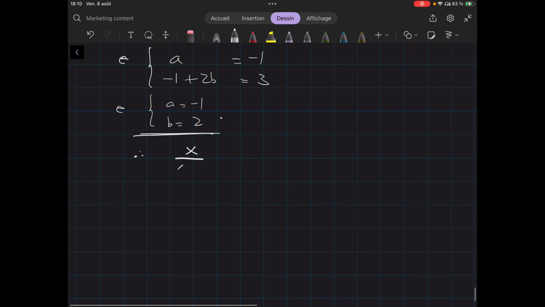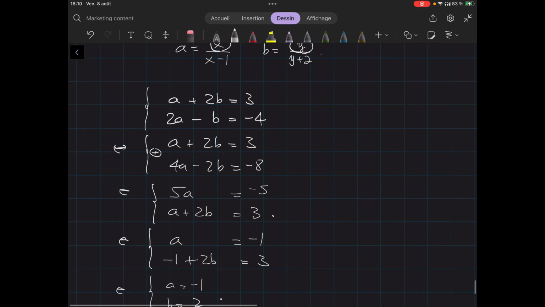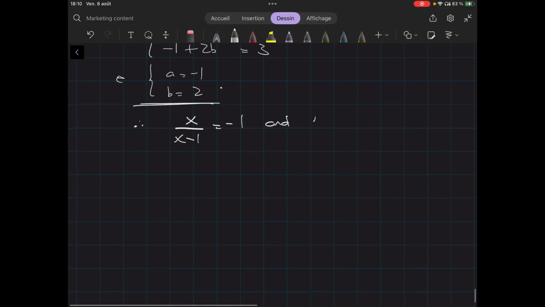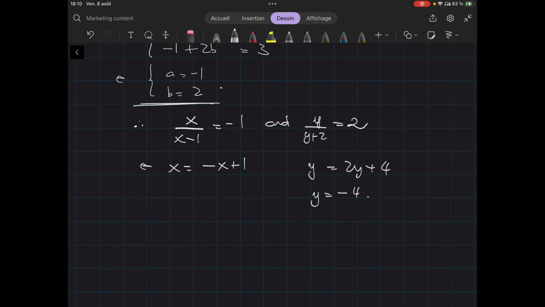Therefore, x divided by x minus 1 is equal to negative 1, and y divided by y plus 2 is equal to 2. x is negative x plus 1, y is 2y plus 4. y is equal to negative 4, x is equal to a half. So x comma y is a half comma negative 4.